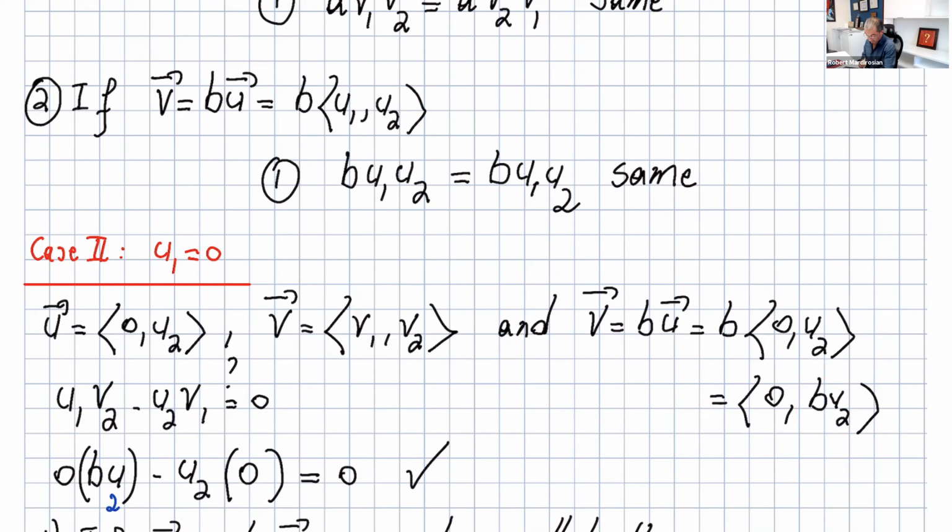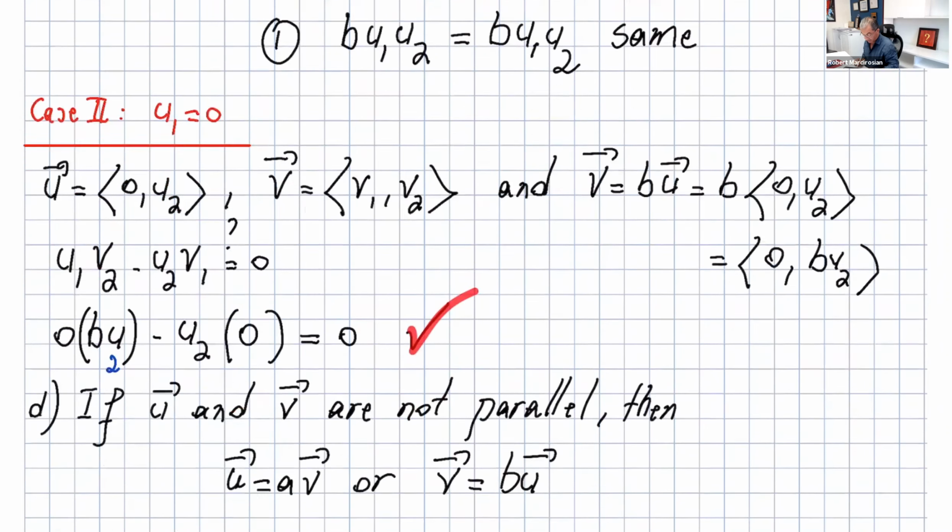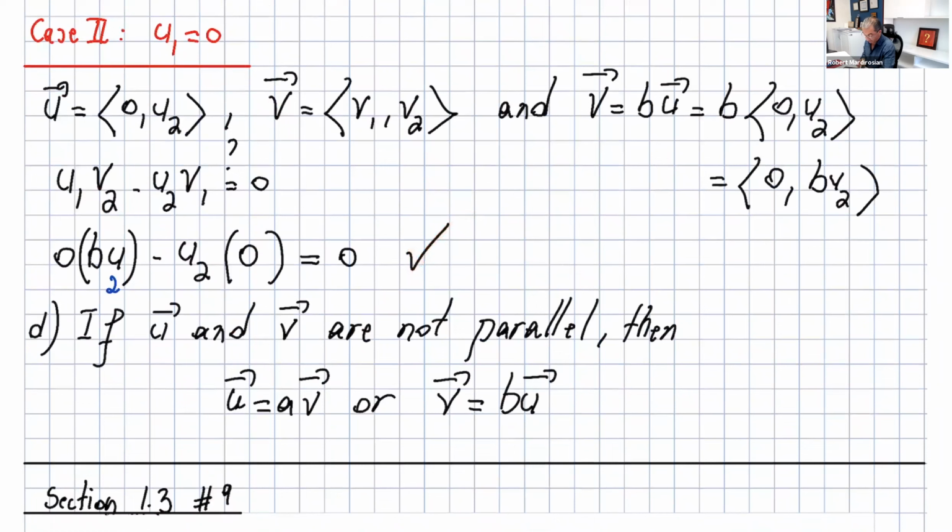So here, again, we want to check to see if U1 V2 minus U2 V1 is 0. So it's going to be U1, which is 0, times V2, minus U2 times 0, so this is going to be 0. So the answer is 0. So that checks.